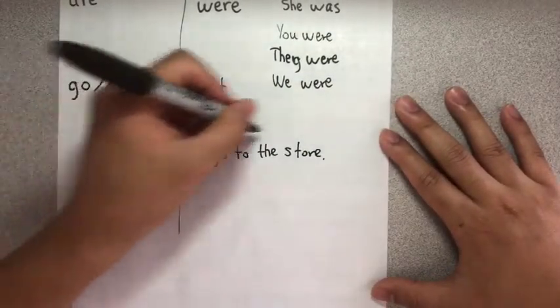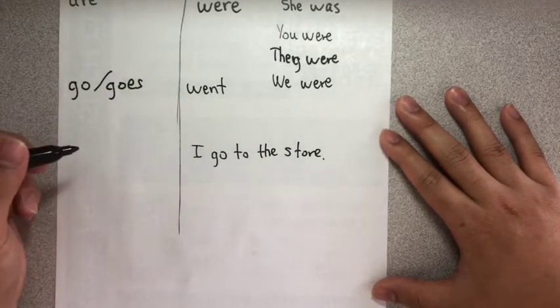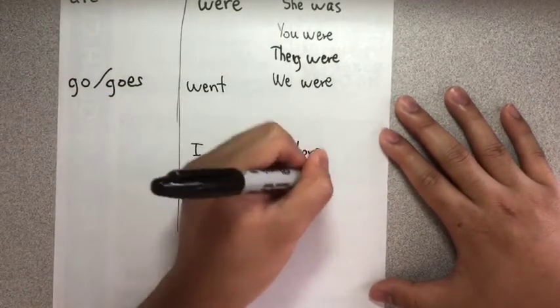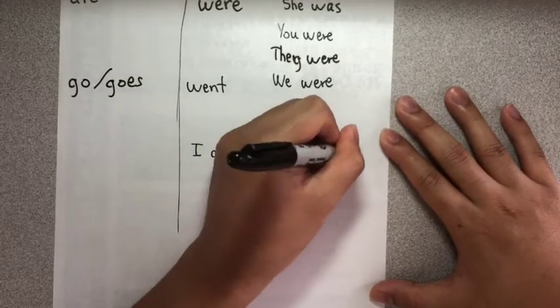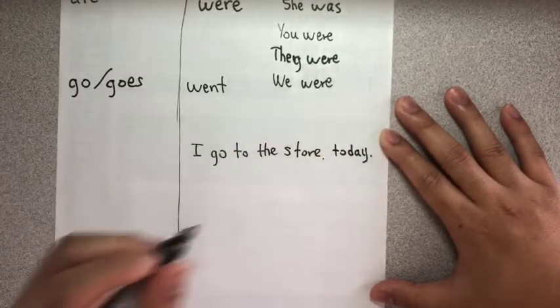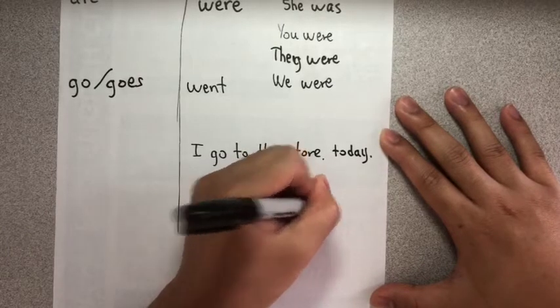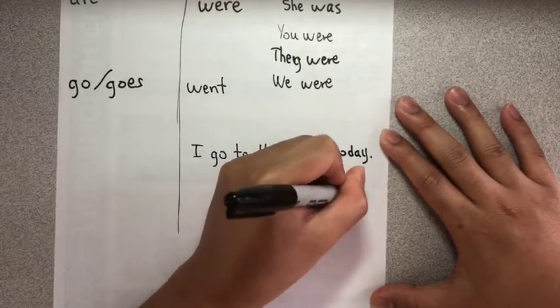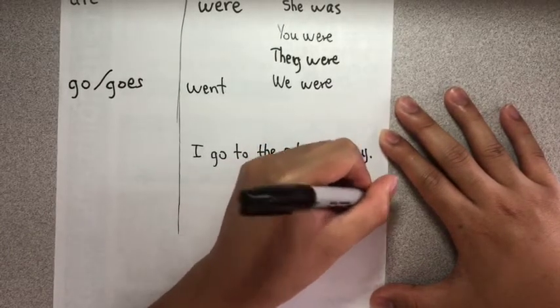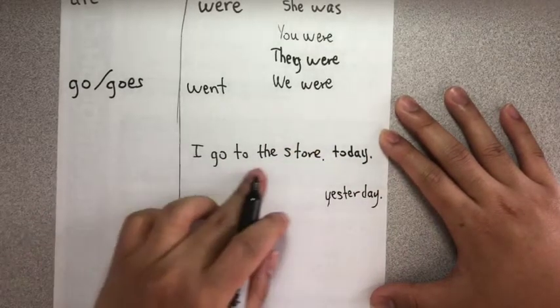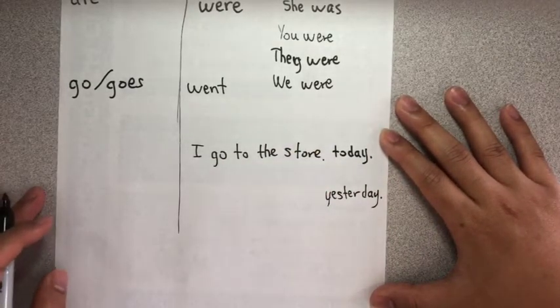Okay, I want you to write this sentence again in past tense. So I go to the store today is in present tense. Let's write this sentence again, but let's talk about yesterday. So write the sentence in past tense.